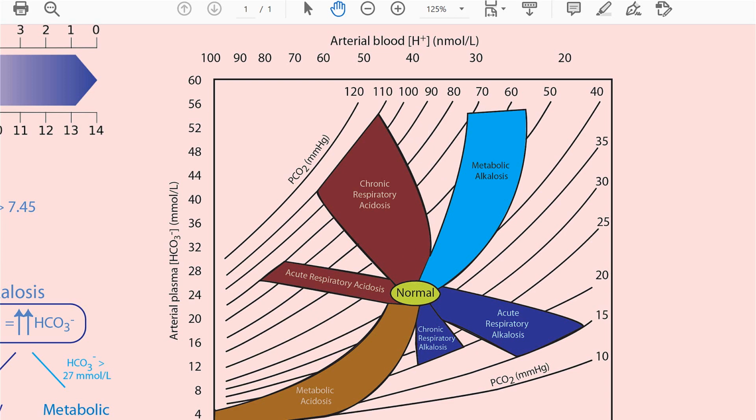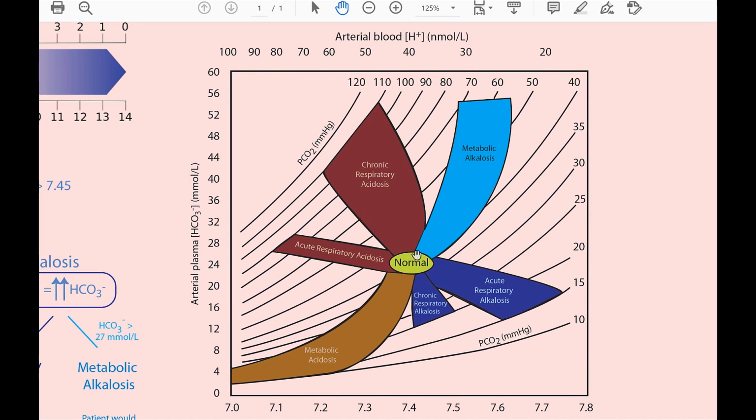You have to look at pH down here, you have to look at bicarb, but you also have to have in there CO2. So notice that this scale is CO2. These lines going through are CO2. So notice here that normal is the balance between CO2, HCO3, and pH.